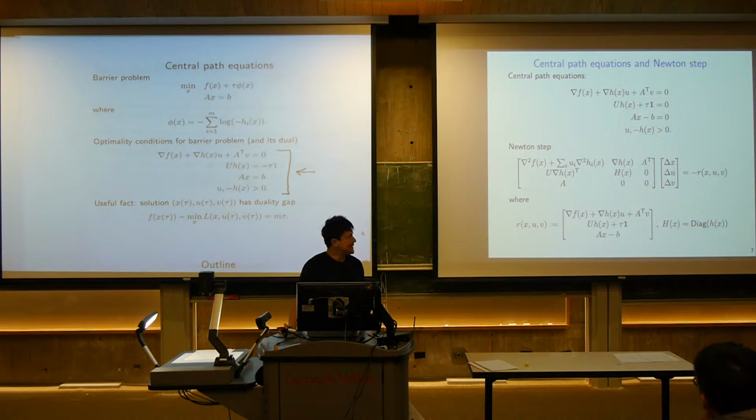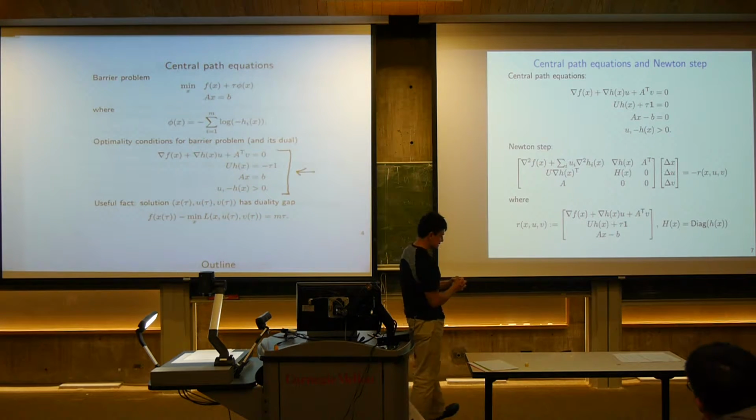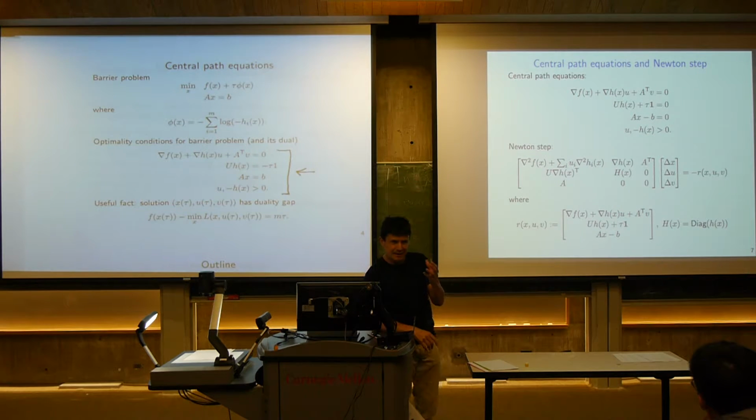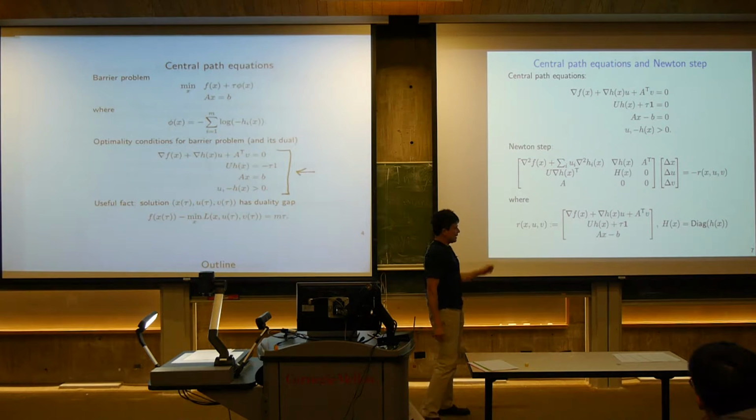So now, the key idea of the primal-dual method is that, like the barrier method, the main hammer that we use, the main subroutine to make progress in the algorithm, is Newton's method.